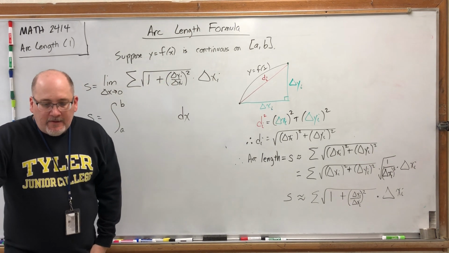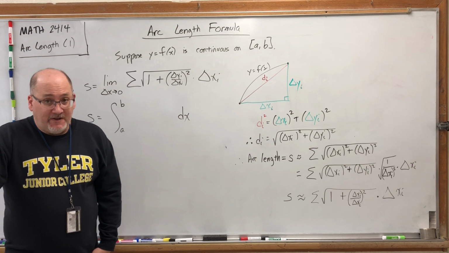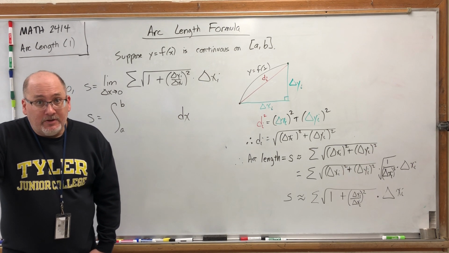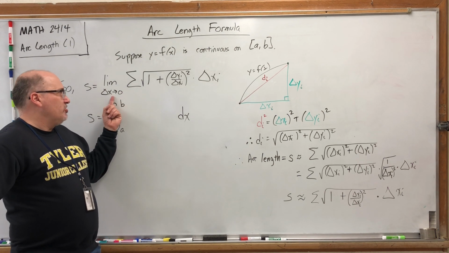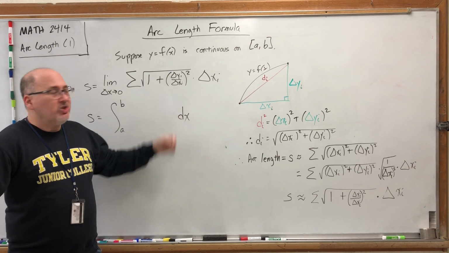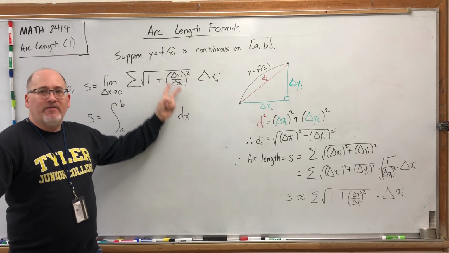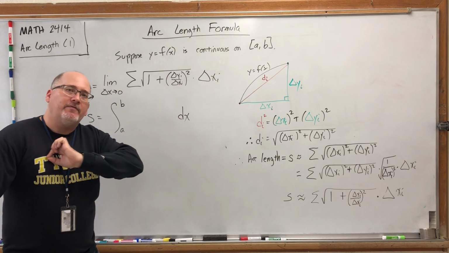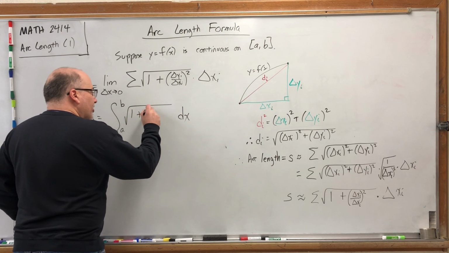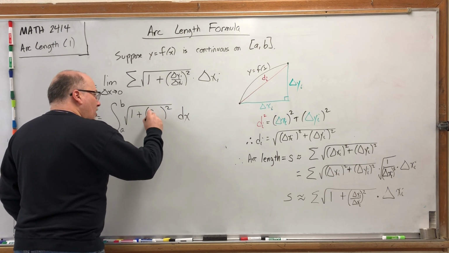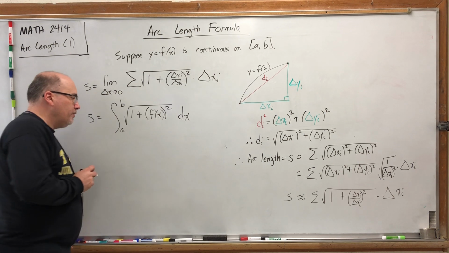Well, if you go way back to when you first defined derivatives, one definition of the derivative was the limit as delta x approaches 0 of delta y over delta x. In other words, this ratio of deltas becomes the derivative of the function. Square root of 1 plus the square of the derivative of the function.